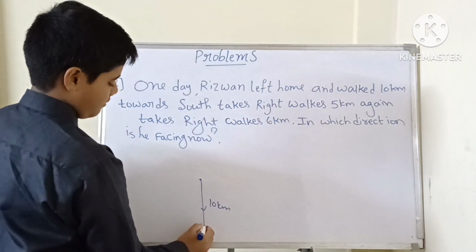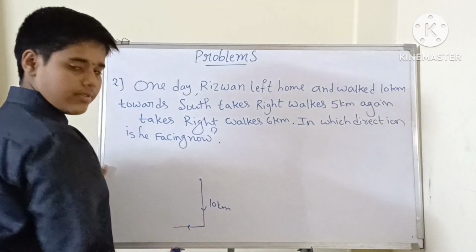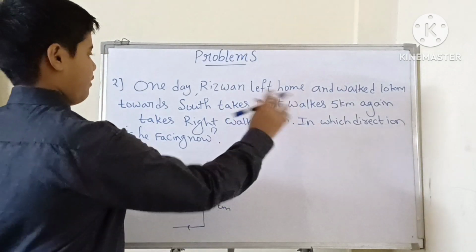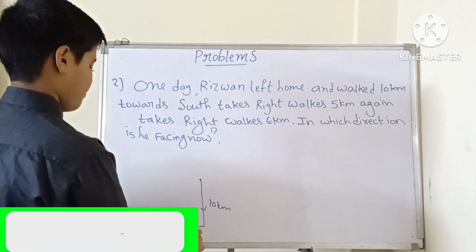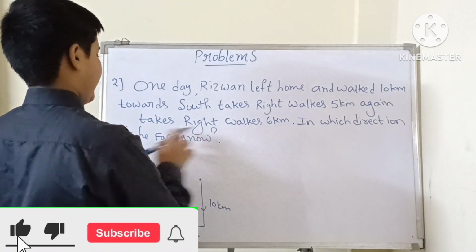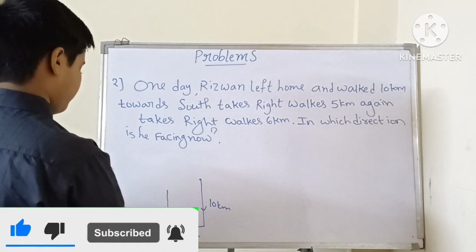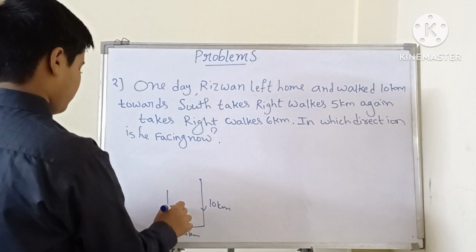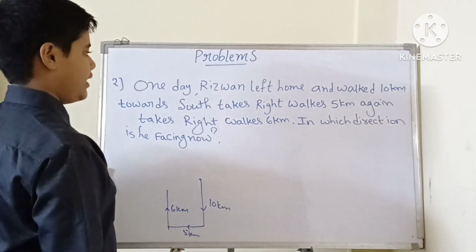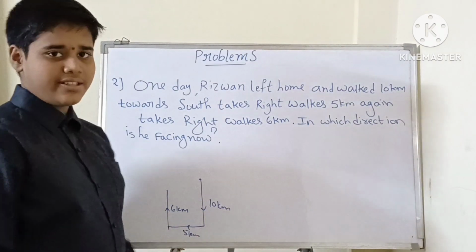Right means like this. Walks 5 kilometers. Again takes right and walks 6 kilometers.